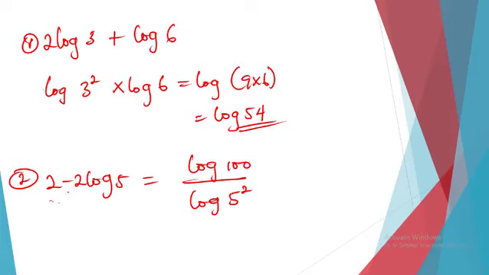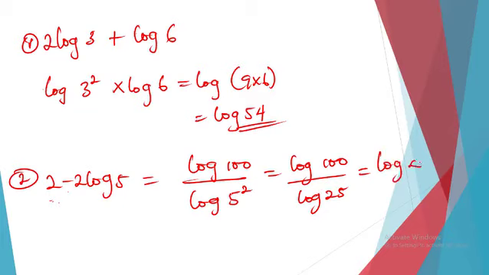So here we are dealing with minus, and it simply means we are dealing with division. Is that clear? Fine. So looking at this now, what do we have then? We then have this to be equal to log 100 all over log 25, and 100 divided by 25 will give us what? 4. So we have log 4 as our answer.